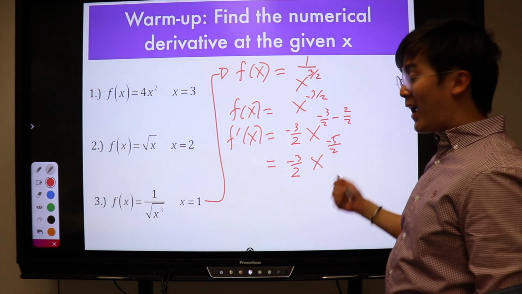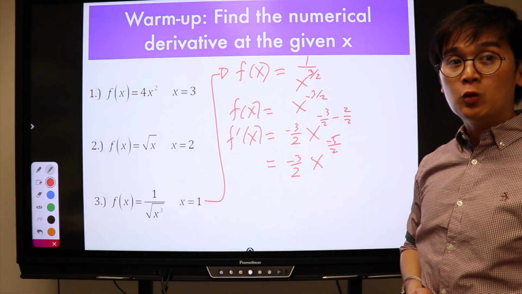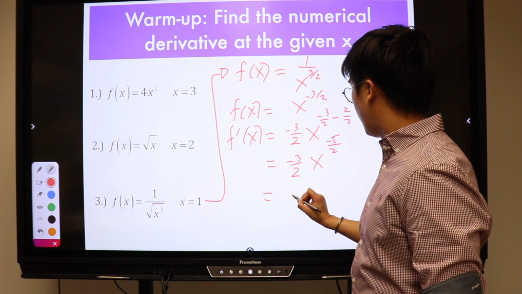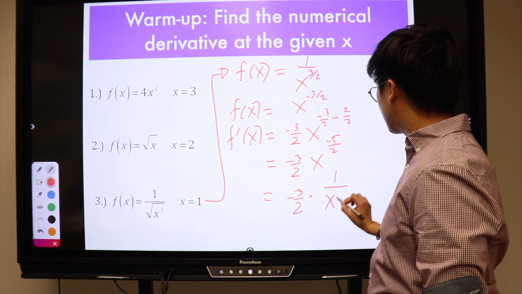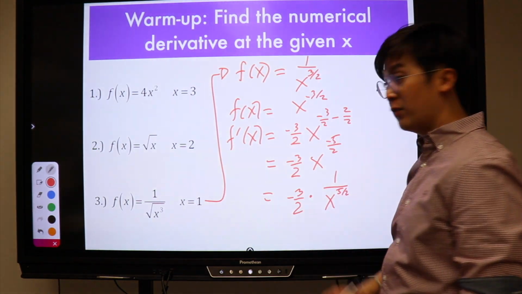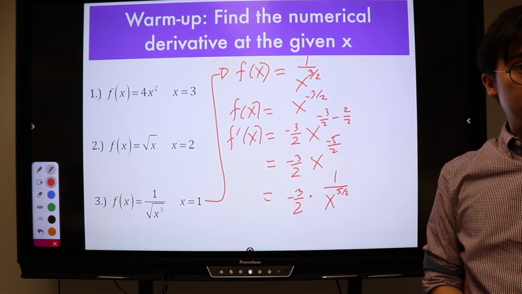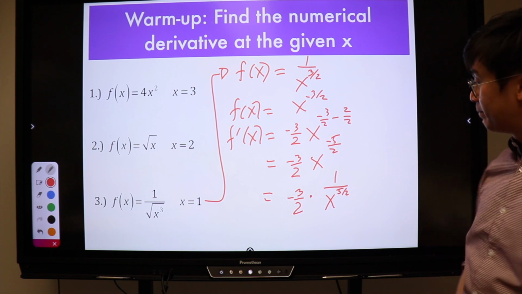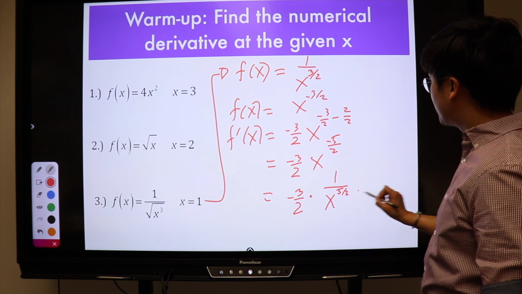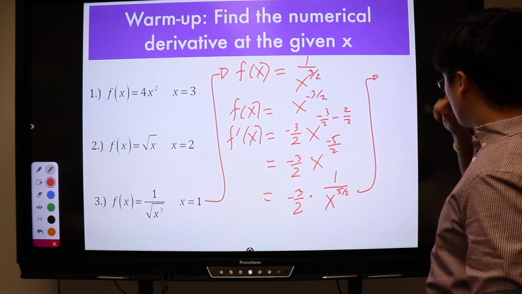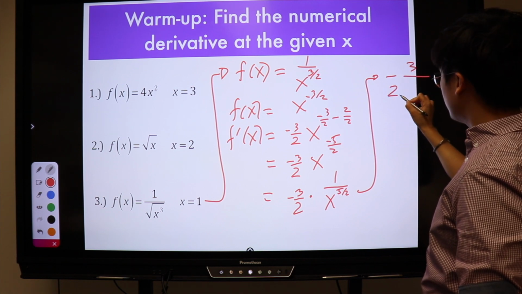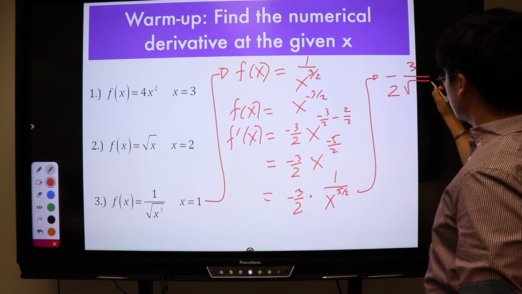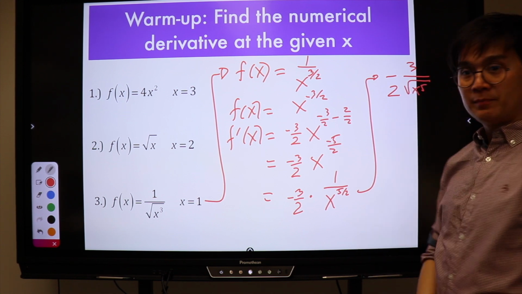Right? And then we will change it into its radical form. Negative 3 all over 2 times 1 all over x to the positive 5 all over 2. And then we will further simplify this. And this will look like negative 3 all over 2 square root of x to the 5th.